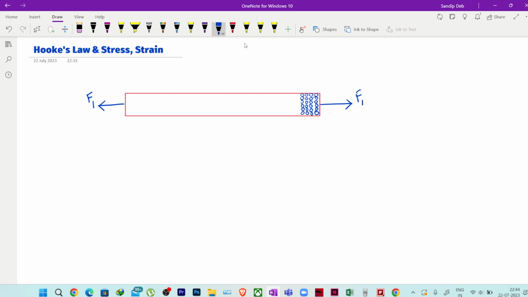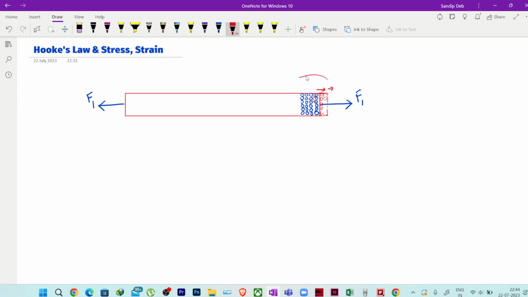These molecules of the bar will start moving like this. If this particular molecule is coming here, all these molecules will be coming like this. So we will see some deformation in the bar due to the displacement of the molecules.